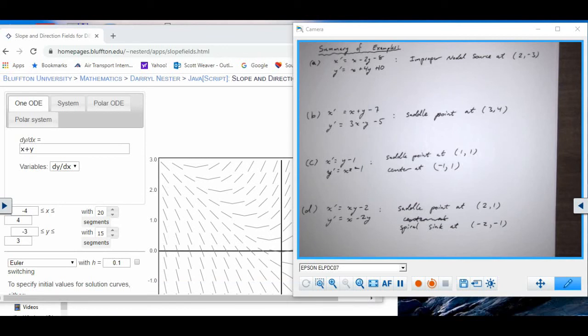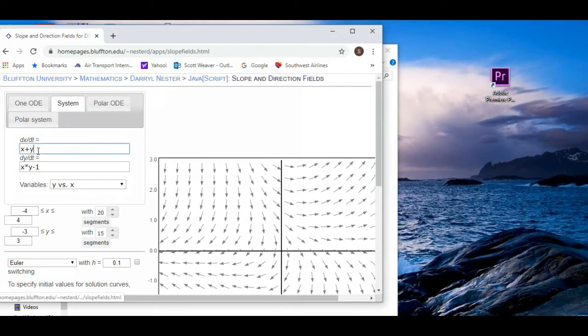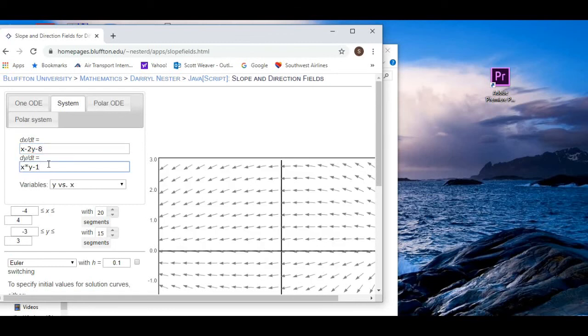Alright, so what I've got up here now is dual screen, where we can see on the right what we summarized as the consequences of our actions, and on the left we're going to bring up Bluffton. So for the very first system, system A, what we had was x prime equals x minus 2y minus 8.